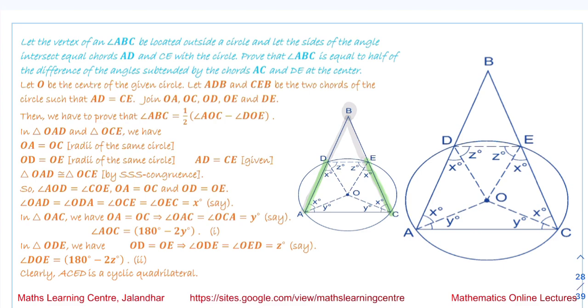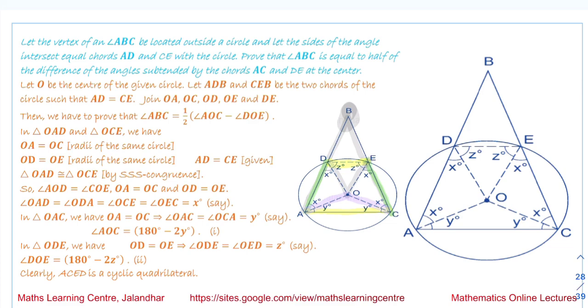Then we have to prove that angle ABC is equal to half of the difference of the angles subtended by the chords AC and DE. These are the two chords we are talking about. We have to prove that the angle at B is half the difference of the angles subtended by these chords at the center.